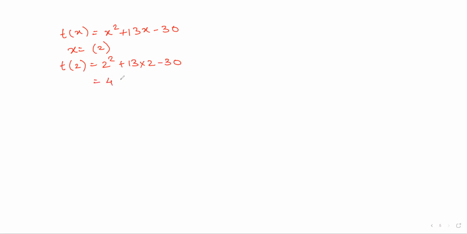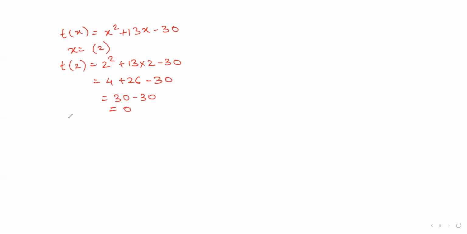So t of x that we considered is equal to x squared plus 13x minus 30. Let's put x equal to 2. What do you get? t of 2 is equal to 2 squared plus 13 into 2 minus 30. This is 4 plus 26 minus 30. So 30 minus 30, which is equal to 0.